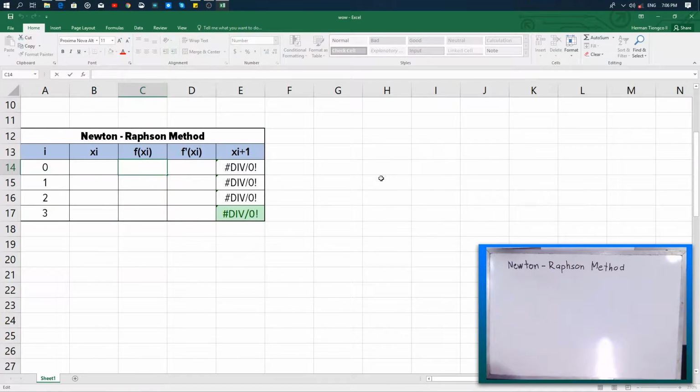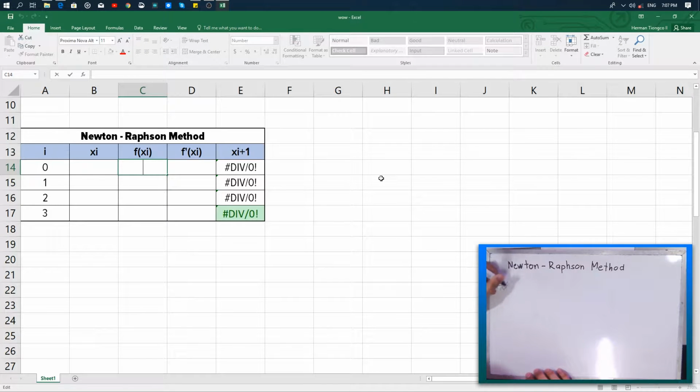What you see on the screen is the table for the Newton-Raphson method, so we can see the values properly arranged. We have the iterations, the value of x sub i, the value of f of x sub i, f prime of x sub i, and x sub i plus 1. We'll be solving for the first iteration.